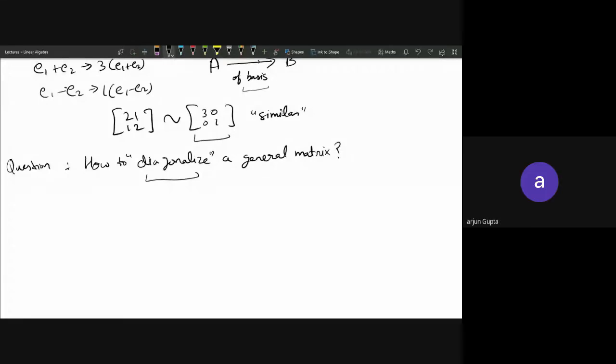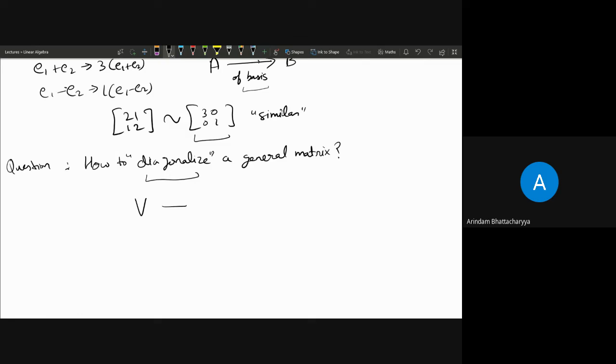By the way, is there any nice way to represent this similar relation in matrix form? Will the matrices 2 1 1 2 and 3 0 0 1 satisfy some good relation? Yeah, so they are the same after one relabeling, right? So let's see.